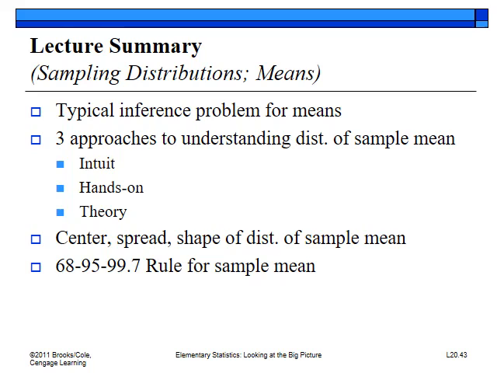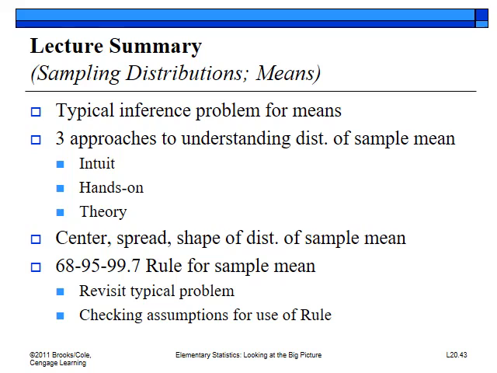And of course, we also know how to use our calculators and computers to find areas under the normal distribution using normal CDF. We went back to our typical problem and looked at how we're going to approach solving it. And we also gave an example of checking the assumptions that we have to make in order to use the rule.